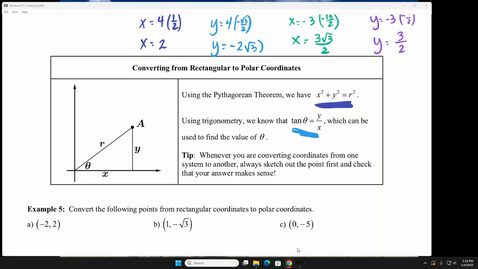Now, I am always going to graph these rectangular coordinates first, just a little baby graph. And so I'll know what theta to use, because there's going to be 4 different angles that have that tangent. And so we just have to make sure we choose the one that's in the right quadrant.